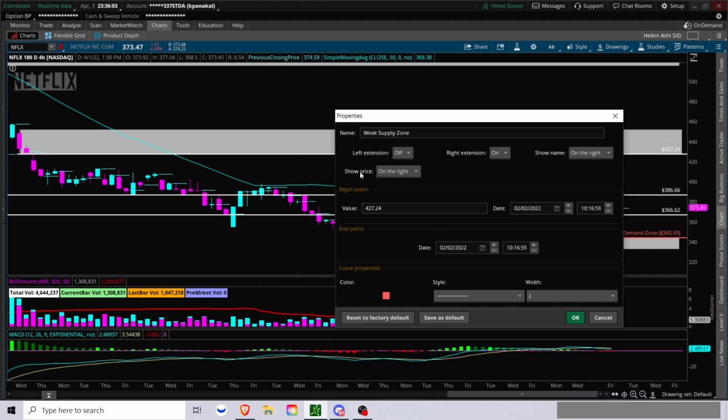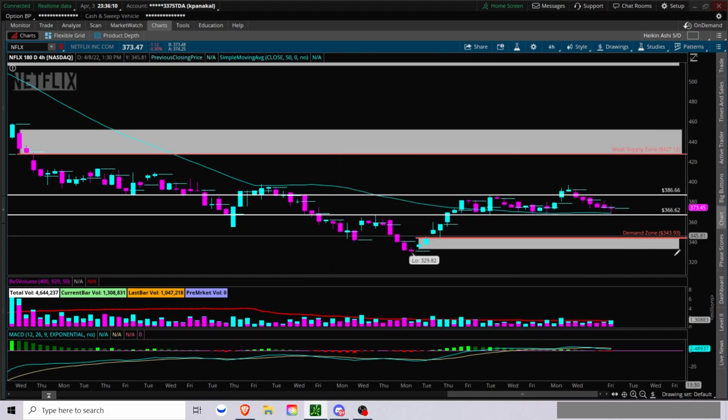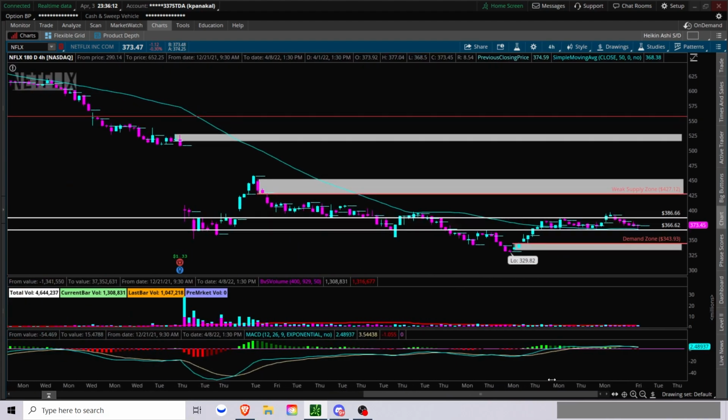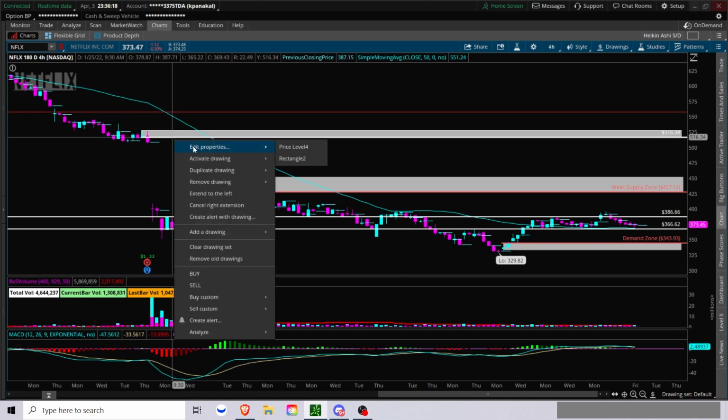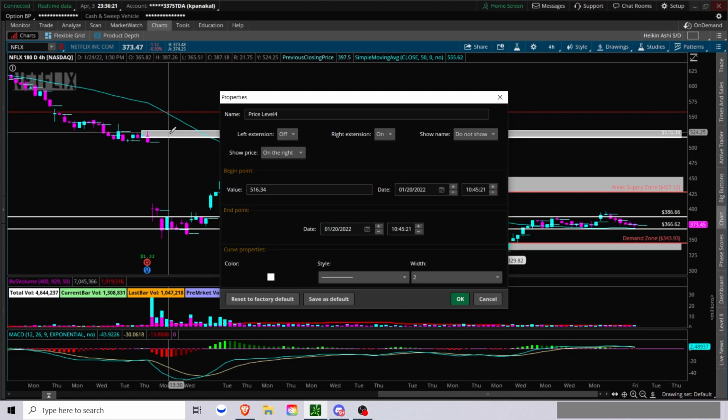And this zone starts at 427.12, and then we have one more supply zone up here, which is actually stronger, which starts off at 515.34.